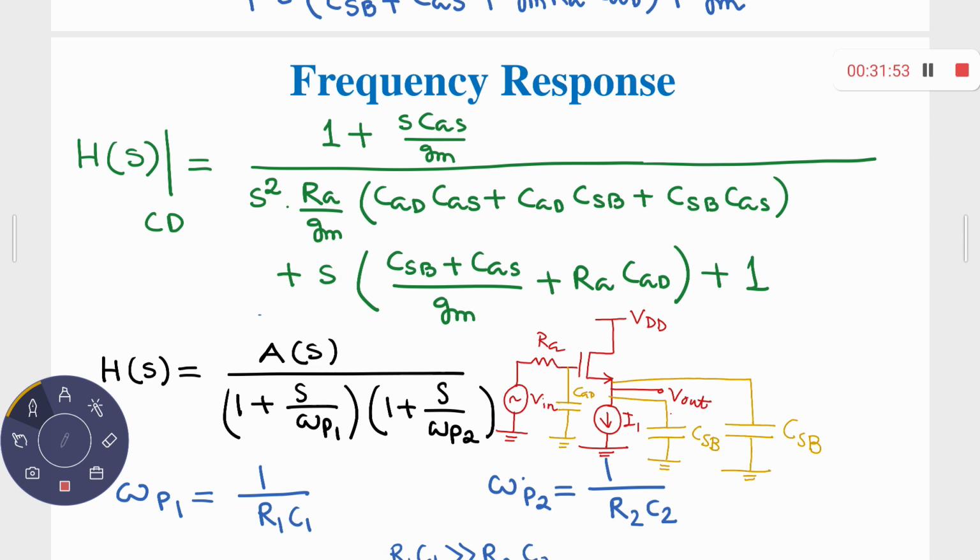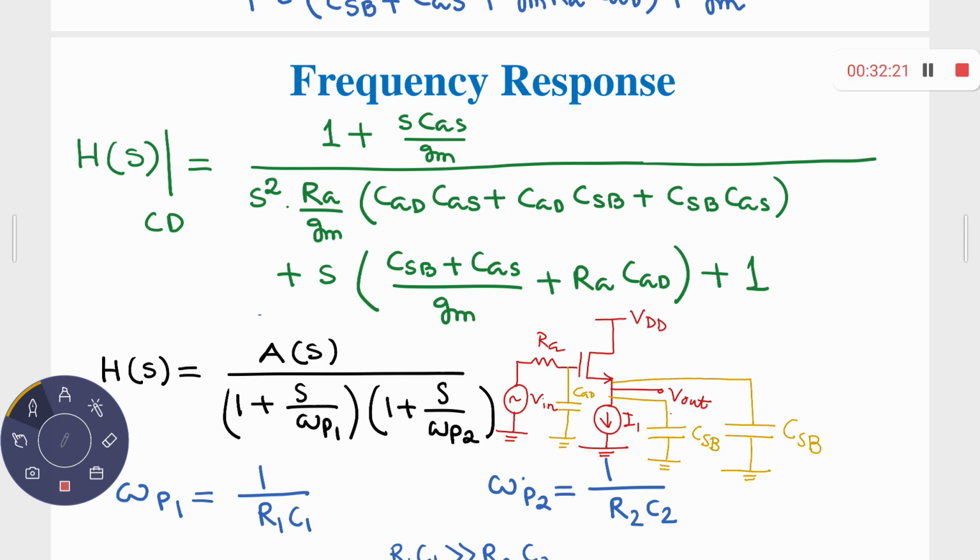Can you experience any capacitor between source and drain? Between gate and drain you already have some capacitor, and that effect you can incorporate within the CGD.